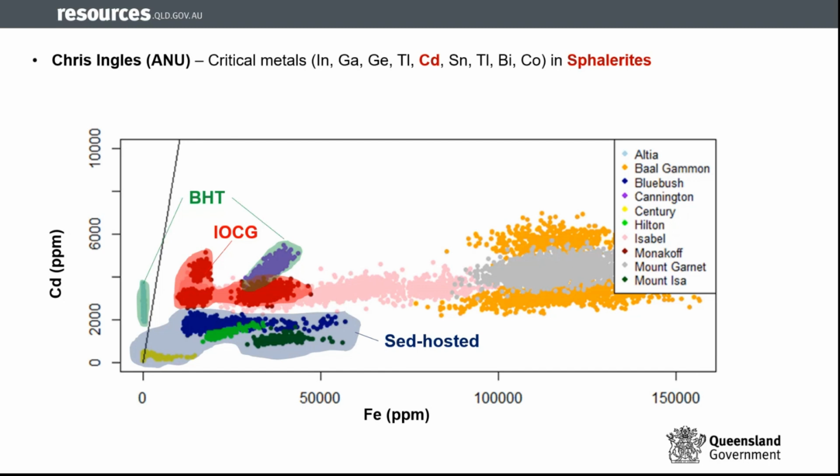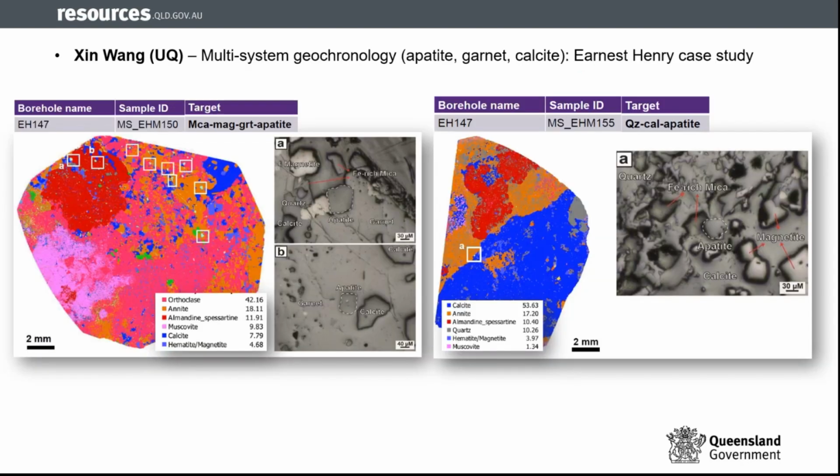So for Broken Hill, for example, now you have at least 2 different indicator minerals to use for your exploration. Another example is the work by Xin Wan, and we provided her samples and these detailed maps for her work to explore apatite, garnets, and calcite.